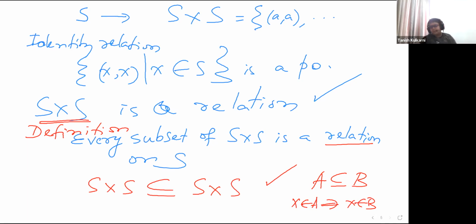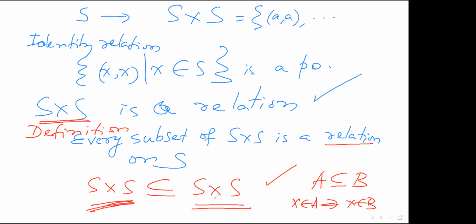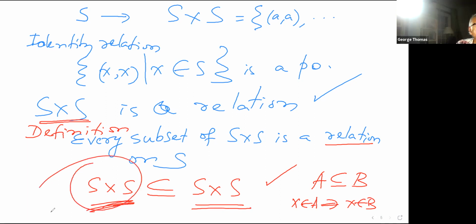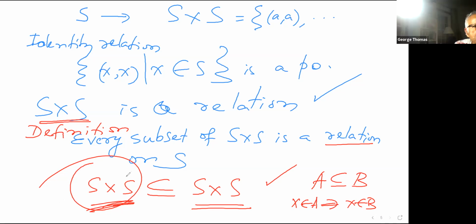Yes. So, if every subset of this is a relation, is this a relation? Yes. If this is a subset of this, it must be a relation on S, isn't it? Yes, it has to be.